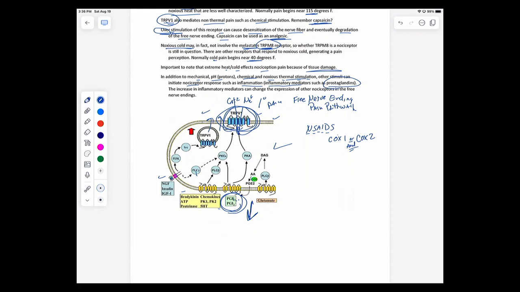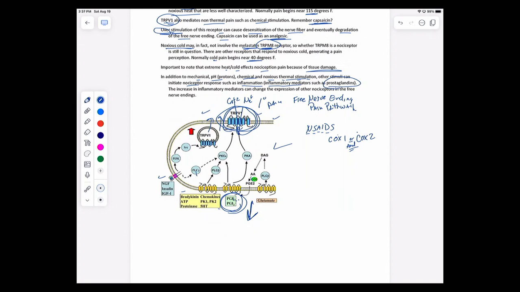So if you interfere with the COX-1, COX-2, you're going to interfere with the production of the prostaglandins, meaning you're going to be inhibiting it. And if you inhibit it, then you get your analgesic effect or your pain reduction effect regarding the use of NSAID. So that's basically how that works.